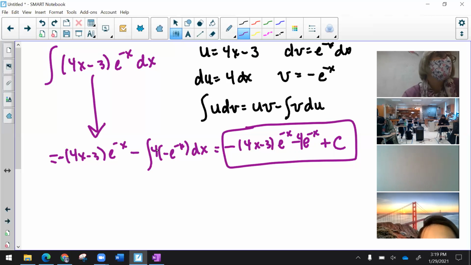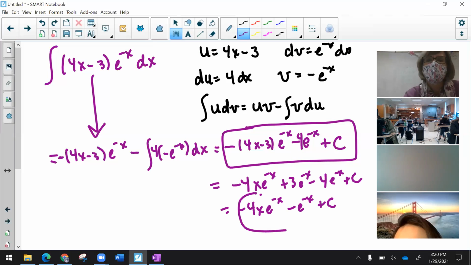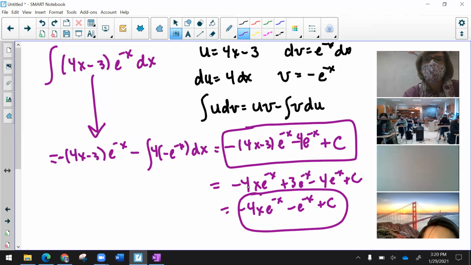Remember, you don't have to write down what I do as long as you get to the same answer. So this is negative 4x... Wait, why do you have a negative in the front of the 4x?